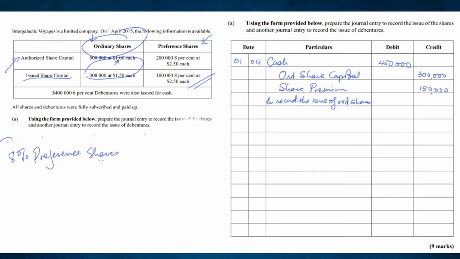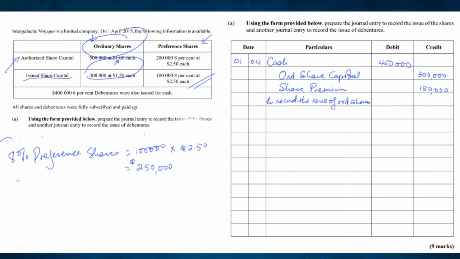Always remember that these share capital amounts are always at par. So you check to see what is the par value of the share. That's 100,000 shares at $2.50. Yes. And that gives you a total of $250,000. There isn't any premium in this case.